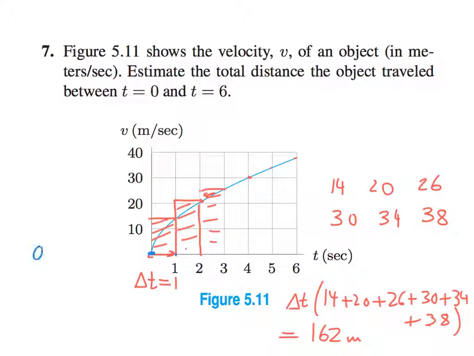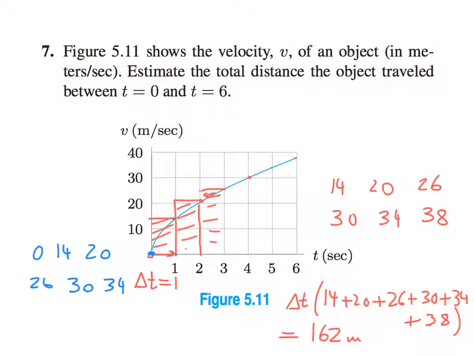Then we would get 0, 14, 20, 26, 30, and 34. So except for the first and the last part, those are identical with the values in the right-hand sum, because we're using the same data points.